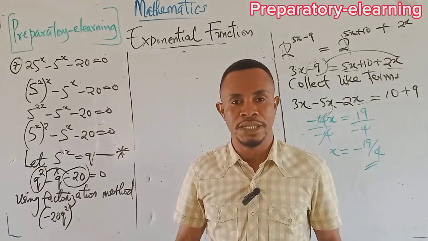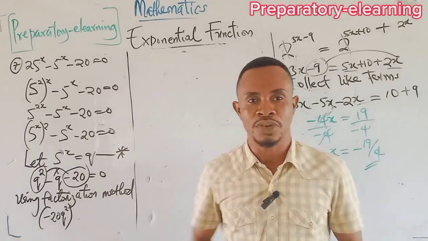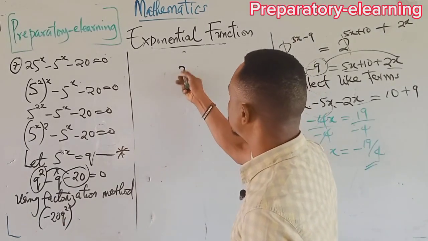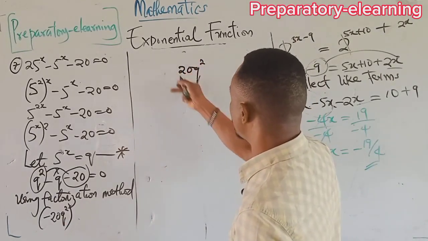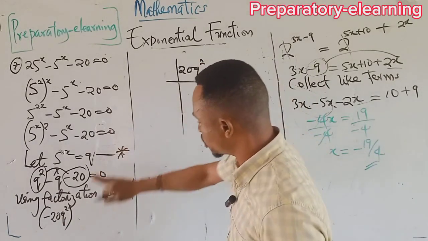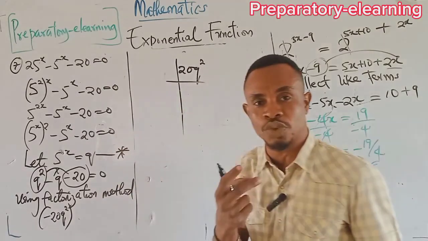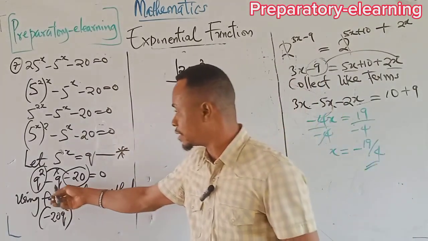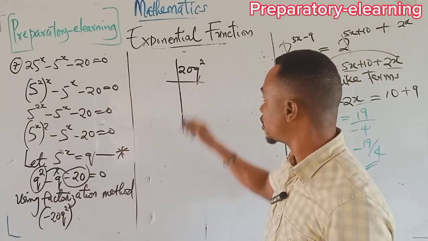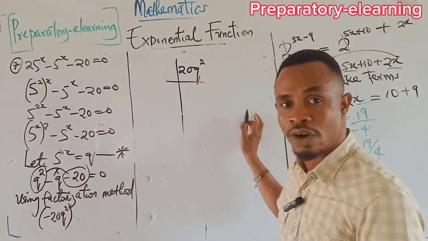Now, how can we get these two factors? We have 20q squared, you break it down. This is not part of the solution. I'm just trying to get the two factors to replace minus q with. It's not part of the solution. You can do this somewhere on your rough note.